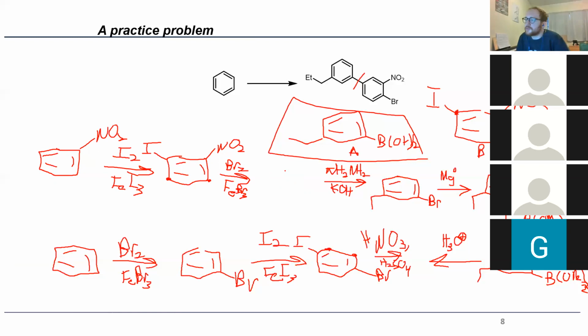And so I think this top one is more selective, but both are probably okay. And then we can take A plus B and react with a palladium 0.